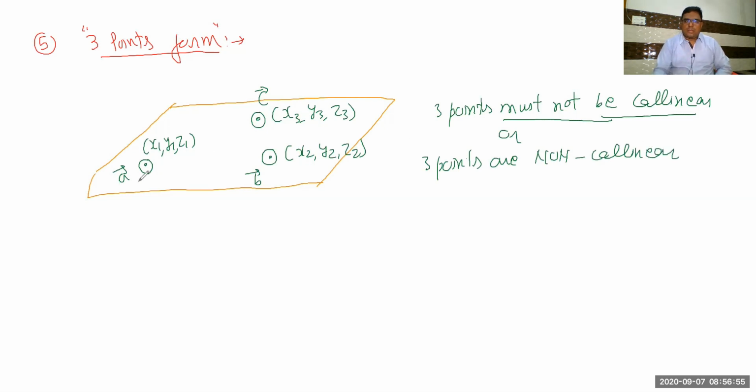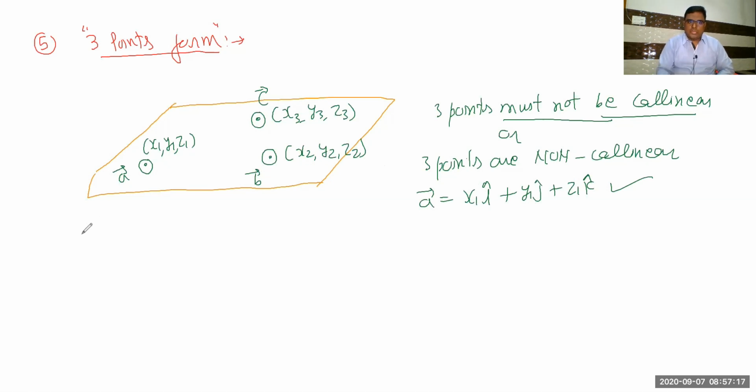Okay, now if I want to write the relation between a vector and x1, y1, z1, then a vector will be equal to x1 i cap + y1 j cap + z1 k cap. It is telling us the relationship between coordinates of a point and its vector value. In the same way, you can make b vector and c vector.